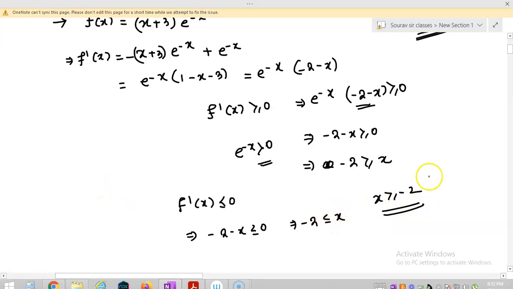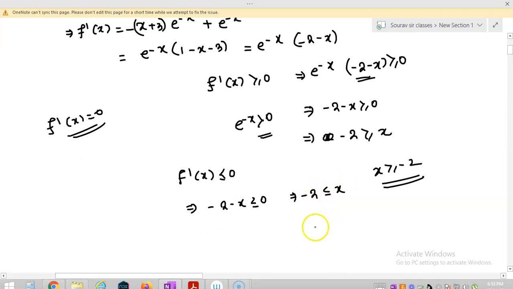Now observe that there is equality. When f'(x) is equal to 0, that point is a stationary point, where the function has either a maximum or minimum, so we are eliminating that equality. So the function is decreasing when -2 is strictly less than x, and increasing when x is strictly less than -2.